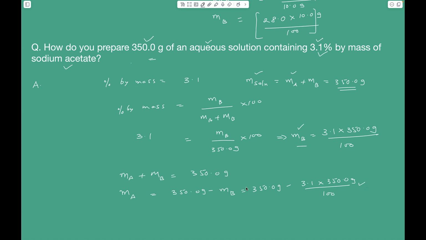Simplify this to get the mass of the solvent, simplify this to get the mass of the solute, and mix those masses of the solvent and solute to make 350 grams of this aqueous solution of sodium acetate with this concentration.